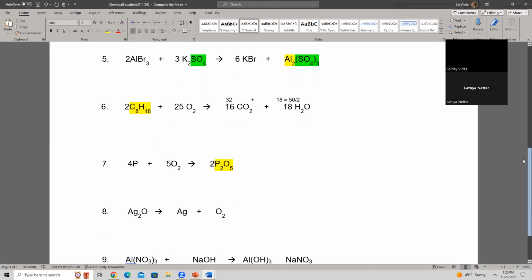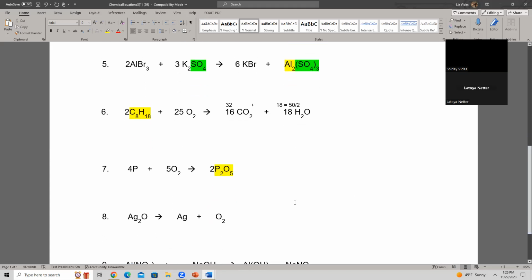This one looks balanced, but it's not. Look at the silver and look at the oxygen. See, this is where you would go wrong if you balance the silver first, because the silver is all alone. But the oxygen over here is odd. The oxygen over here is even.